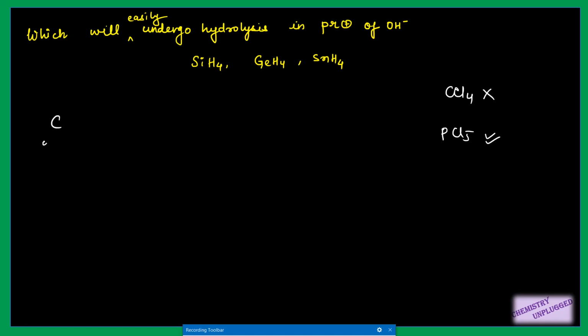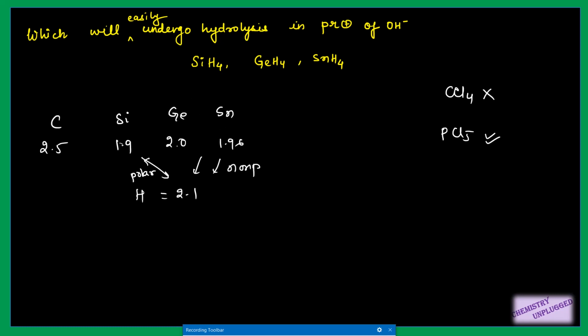For example, carbon has electronegativity 2.5, silicon has 1.9, germanium has 2, and tin has 1.96, right? So when they form a bond with hydrogen, which has electronegativity 2.1, this bond is slightly polar in nature due to the difference in electronegativity. While in case of germanium and tin, this bond is almost non-polar in nature.